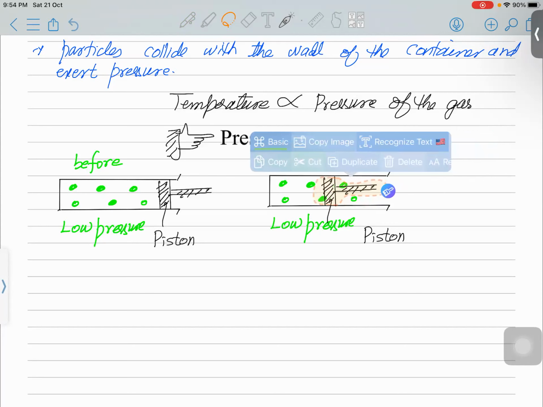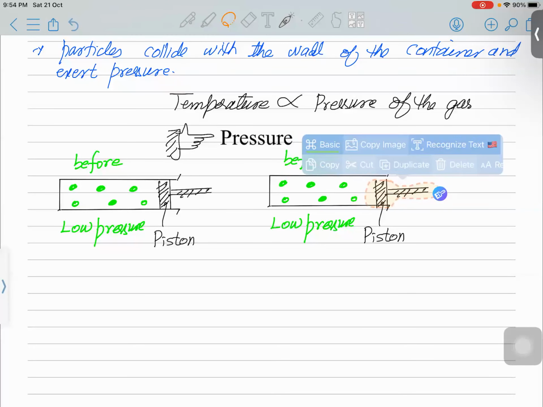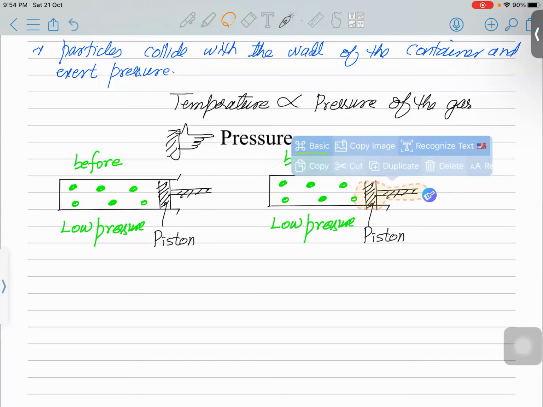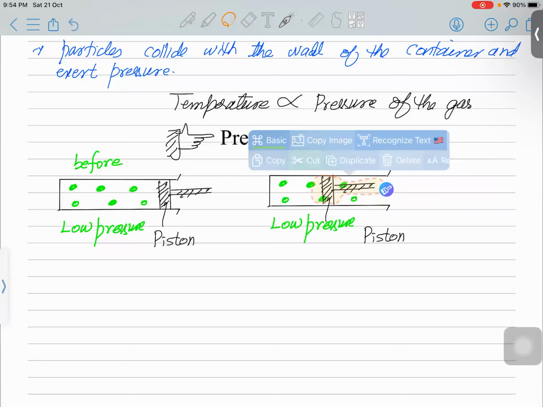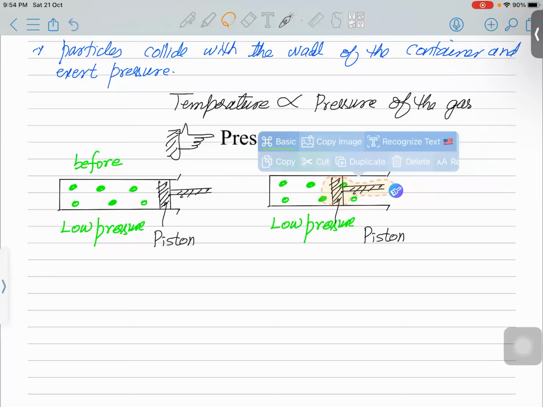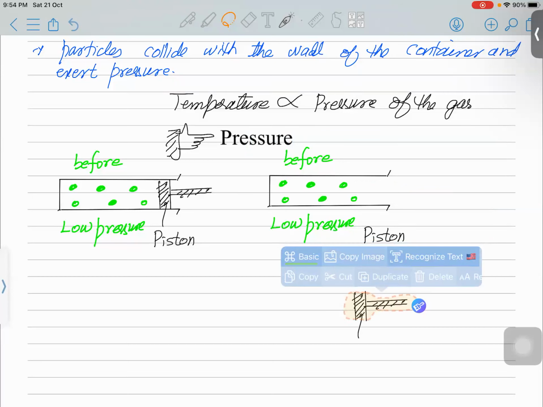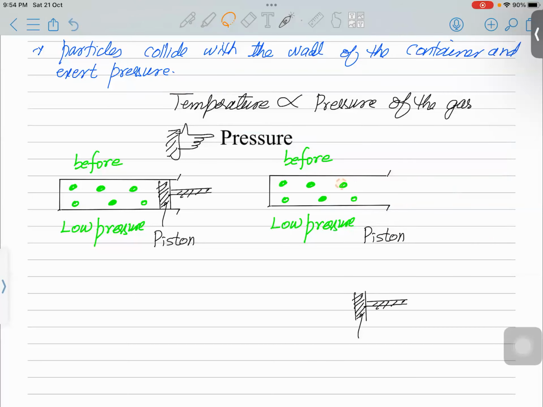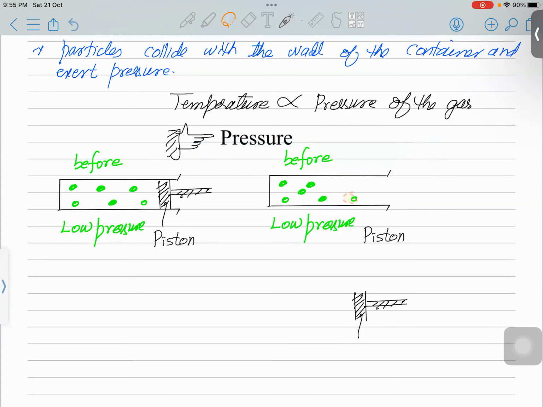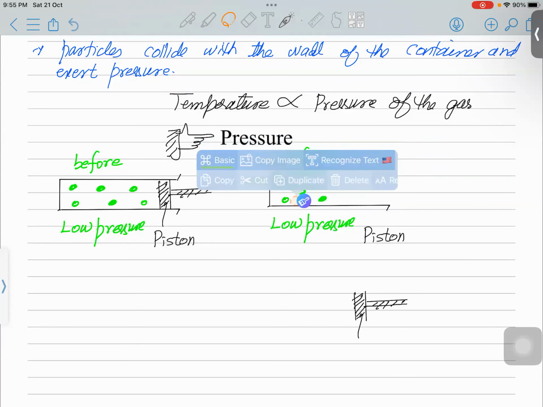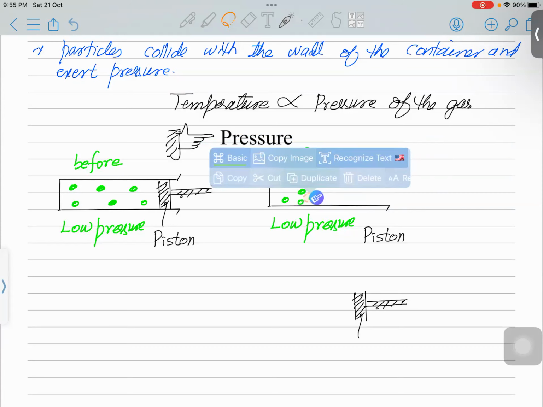Now you compress this gas. So this is called high pressure. You create pressure. So the particles come closer.